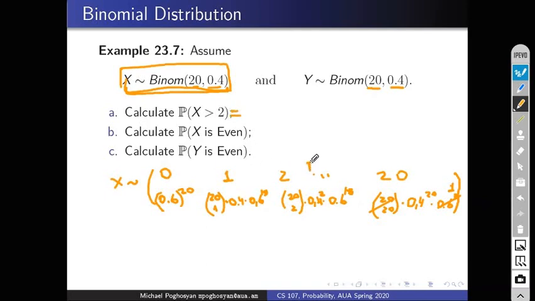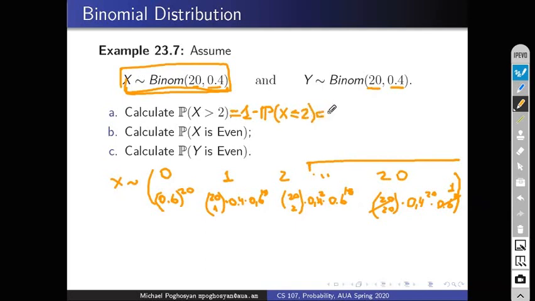So we want to calculate what is the probability that X will take all these values, one of these values. So it is much easier to calculate by using that complement formula. So this is equal to 1 minus the probability that X will be less or equal than 2.